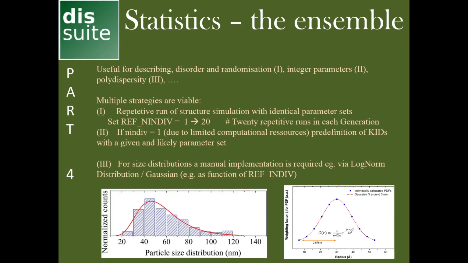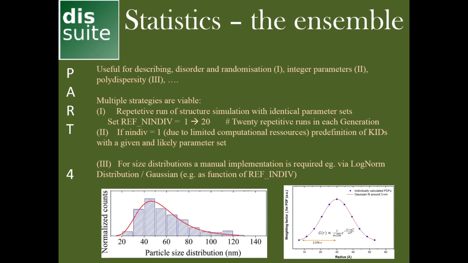So one means to avoid that is to do the statistics and average over many particles of one parameter set. This is done with the ref and indiv value. So you need to just increase this value, then you do repetitive runs of one parameter set and then average the data in the end.